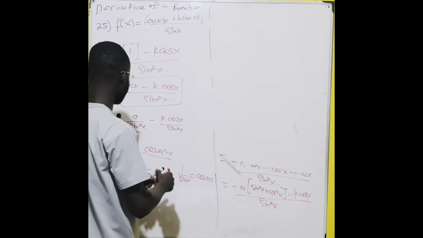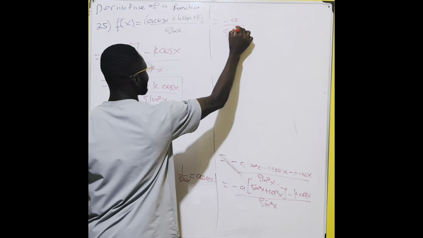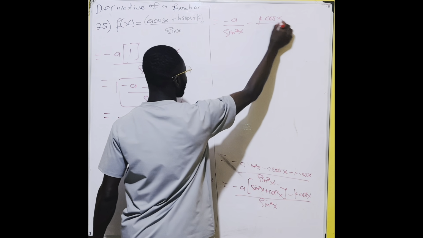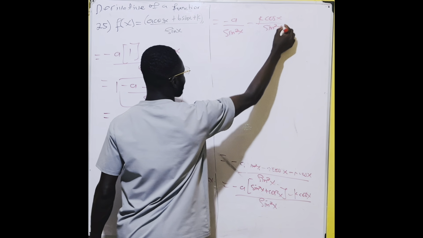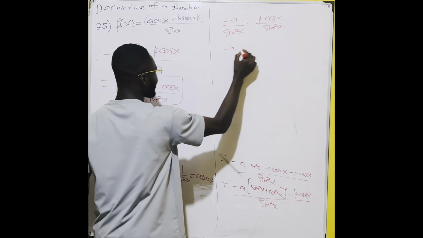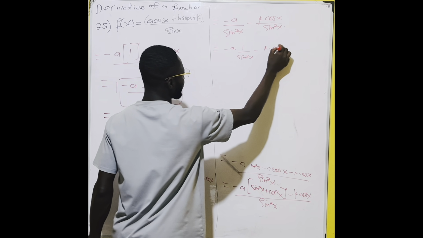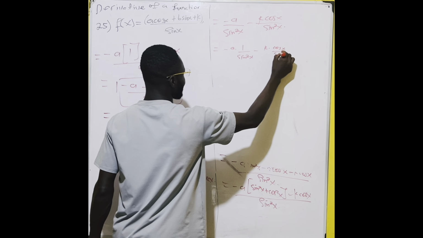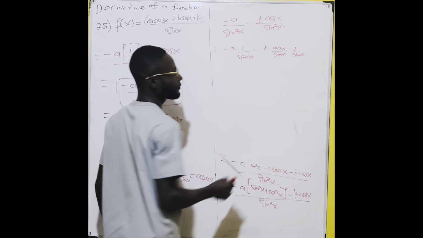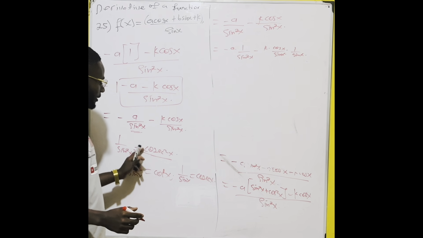So we come up here, then we say that negative a divided by sine squared x minus k cos x divided by sine squared x, right? And this is the same as minus a times 1 over sine squared x, minus k times cos x over sine x times 1 over sine x, right? And we know that the whole of this is cosec squared x.